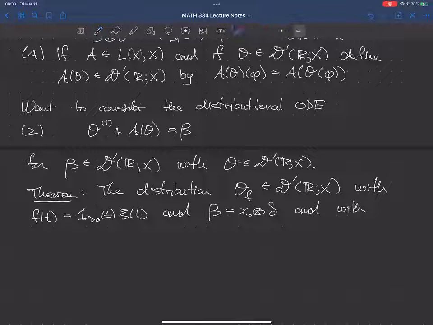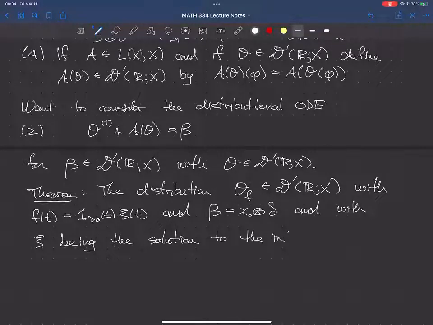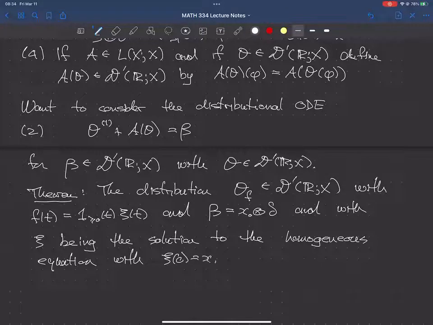I should have put that first, but okay. And with c being the solution to the homogeneous equation with initial condition x naught.